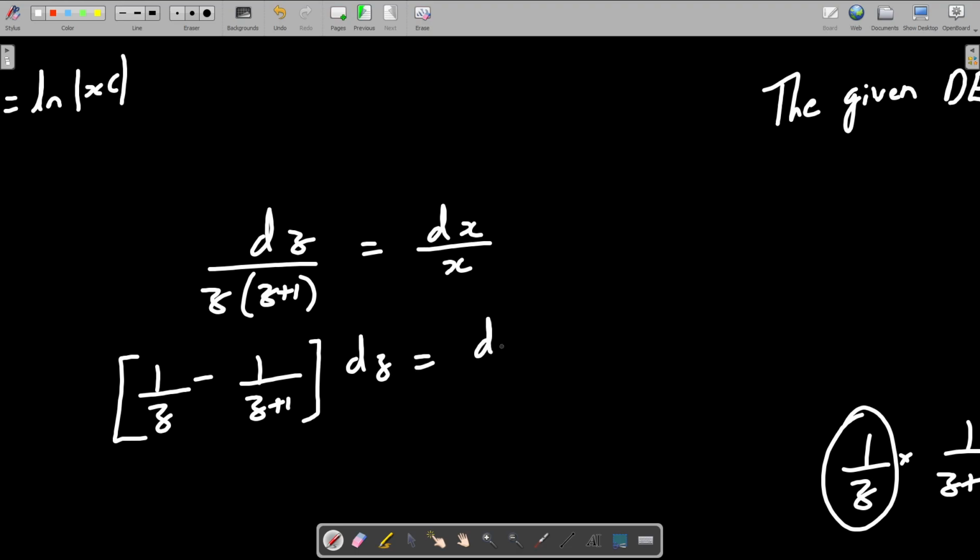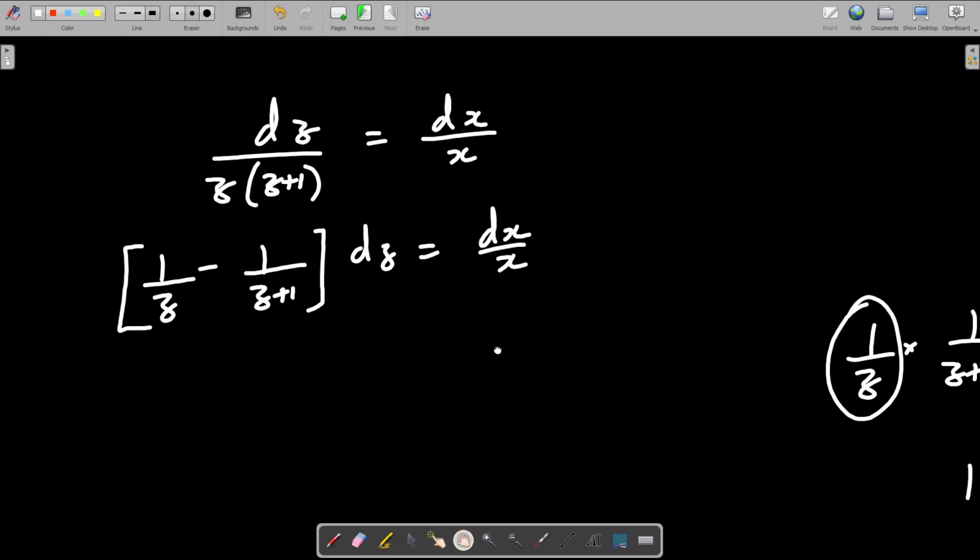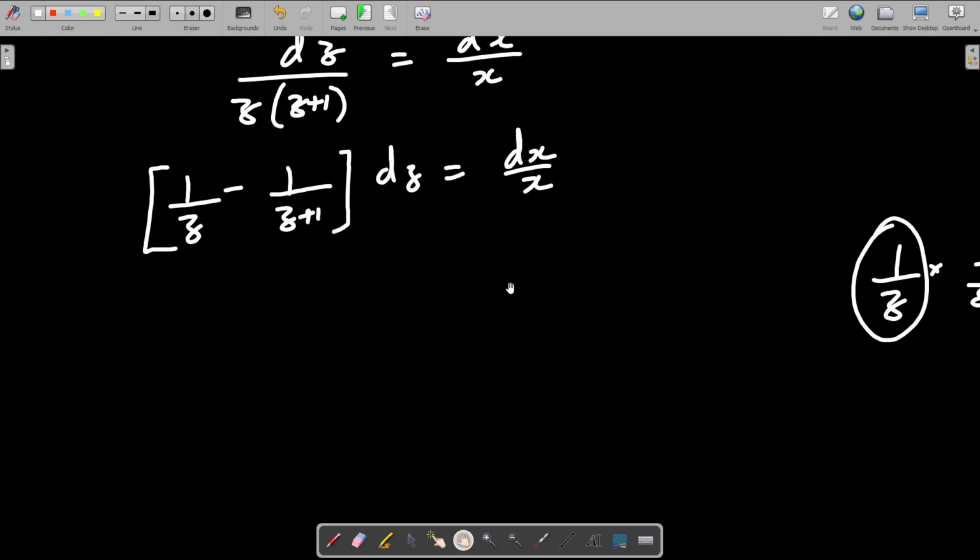So dx by x. When you are studying differential equations, knowing partial fractions becomes a very important thing over there. So it's better you study this now when you are doing this course. Right, so anyways, 1 upon z plus 1 gives you this.